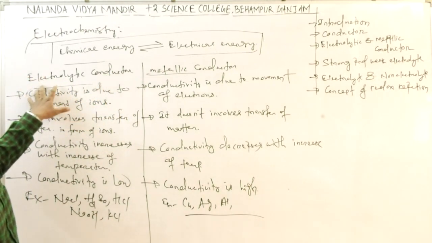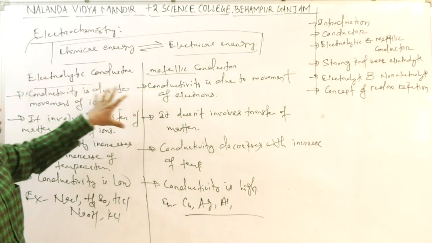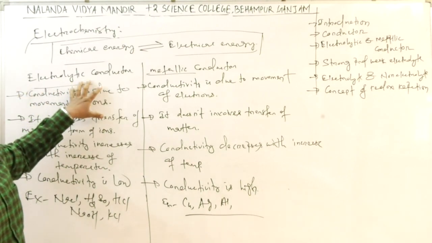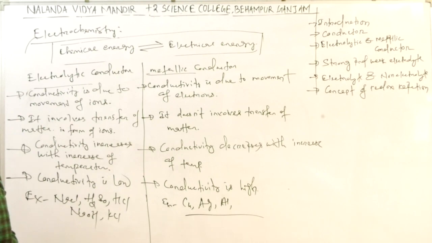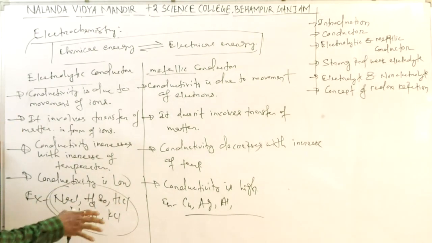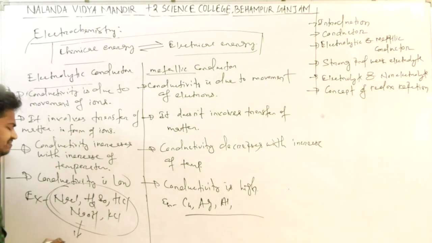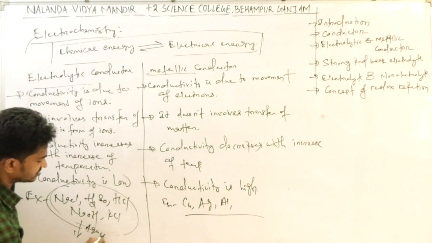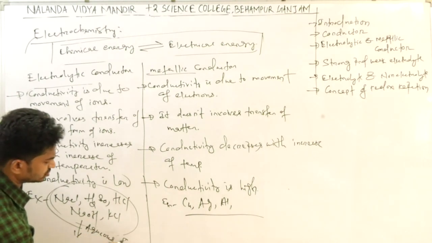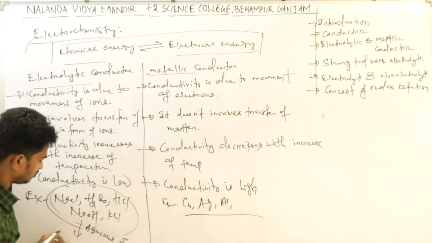Here, similarly, as with a metallic conductor, an electrolyte regulates its conductivity through the movement of ions only. So when these electrolytes are in aqueous solution, they provide ions.